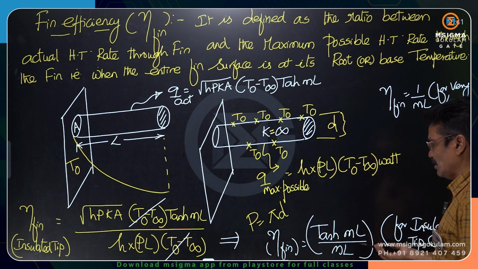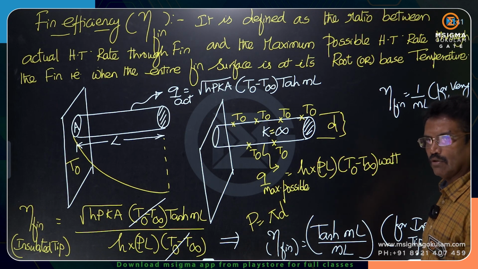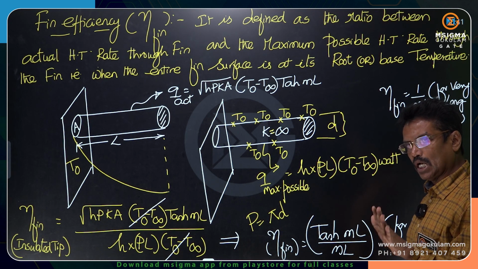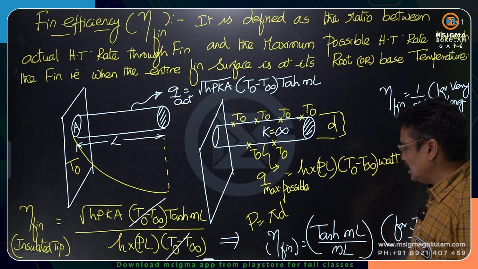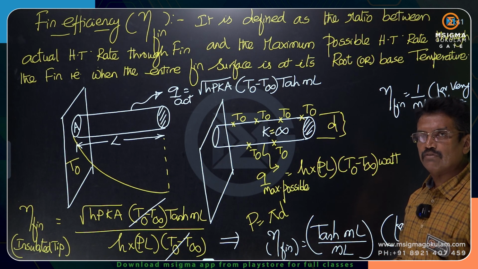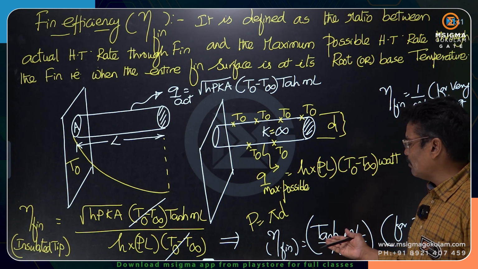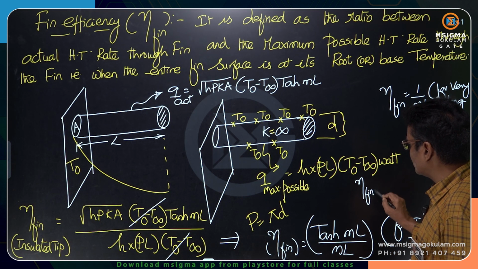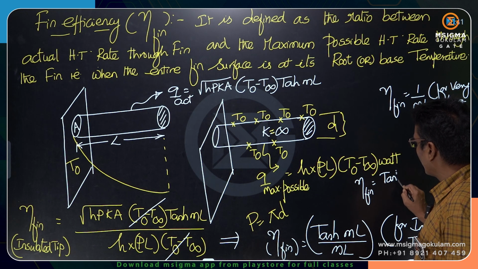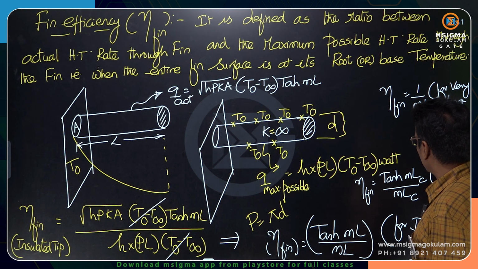If it is case 3, it is very simple. All the formulas for case 2 we can use for case 3. The only difference is that instead of L, we have to write Lc. Whatever formula you write for case 2, we can write for case 3 also, replacing L with Lc. Now for case 3, what is the fin efficiency formula? tanh(m Lc) by m into Lc.